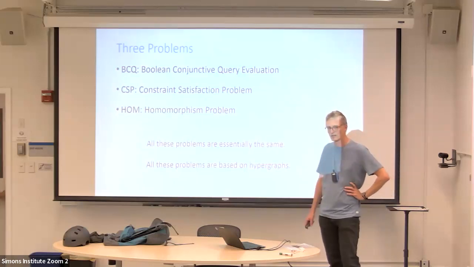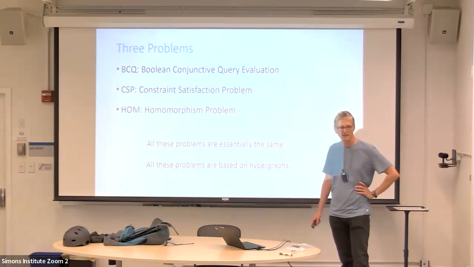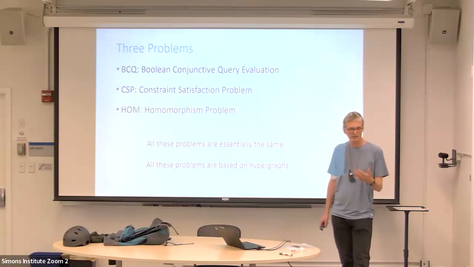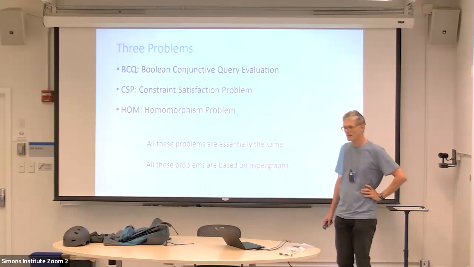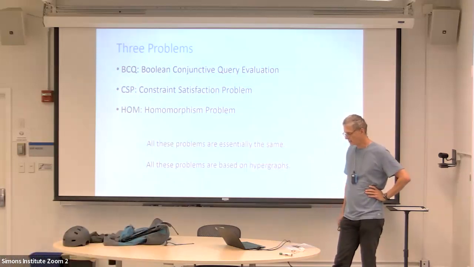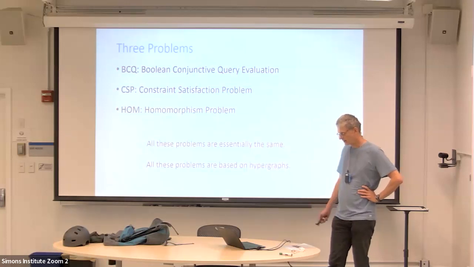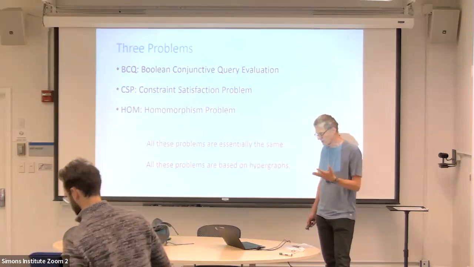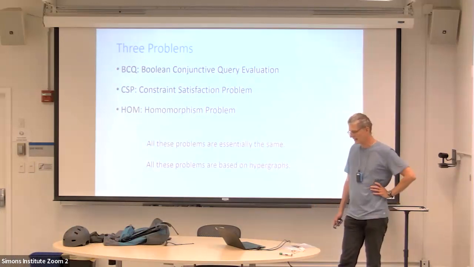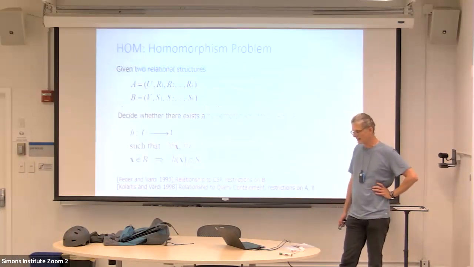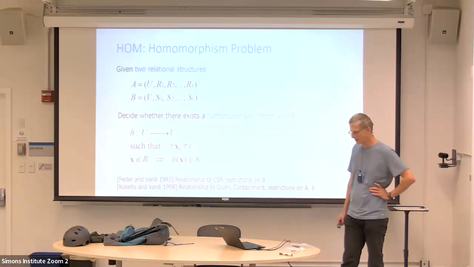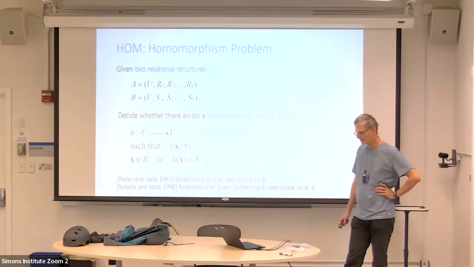They all come down to evaluating first order formulas that are constructed only from existential quantification and logical AND. We will also see that the structure of these problems is best captured by looking at the hypergraph underlying these problems. So very quickly going through these classical problems, which probably everybody is familiar with.